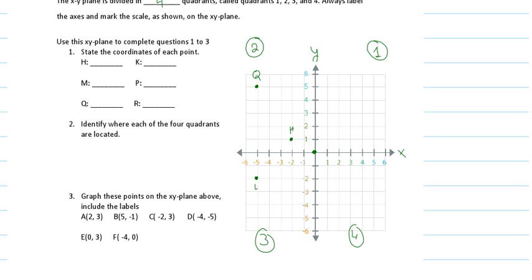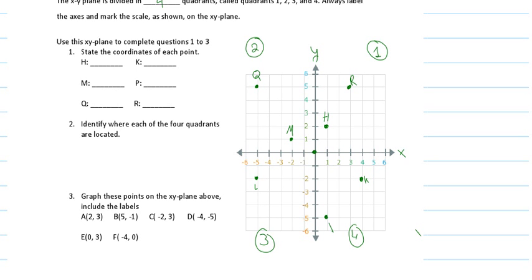I think that's M. So these are already in your notes. Did I miss any? I think that's it.